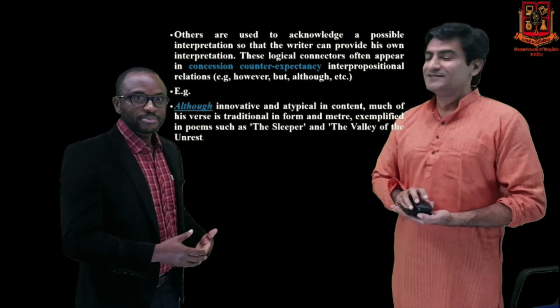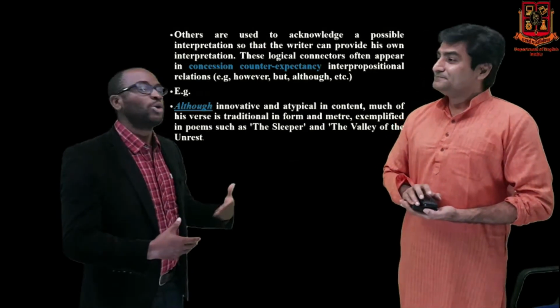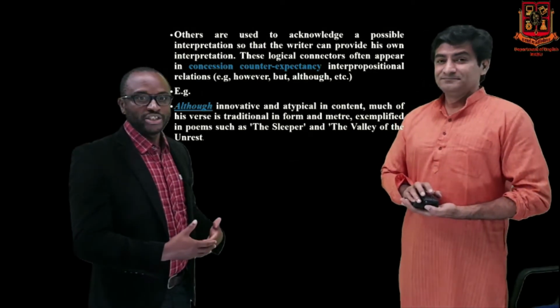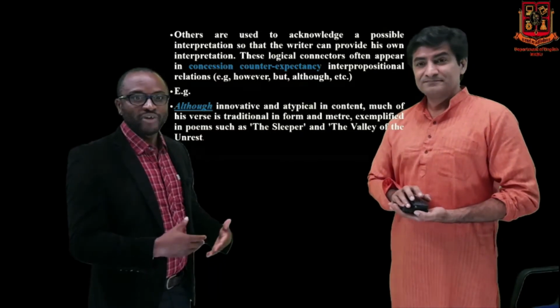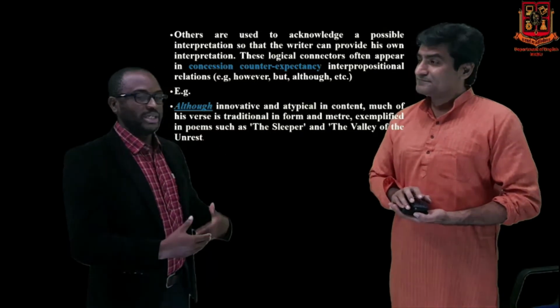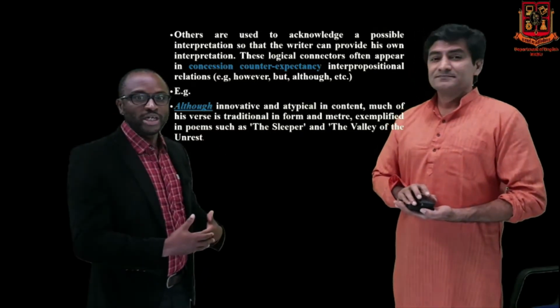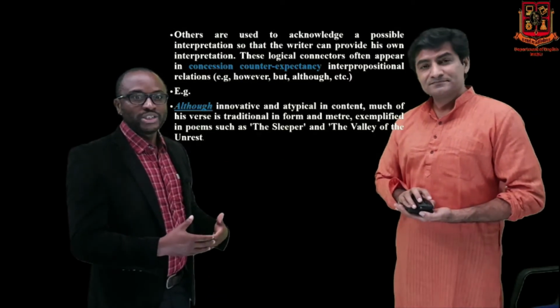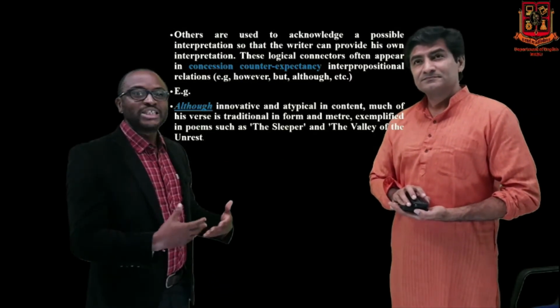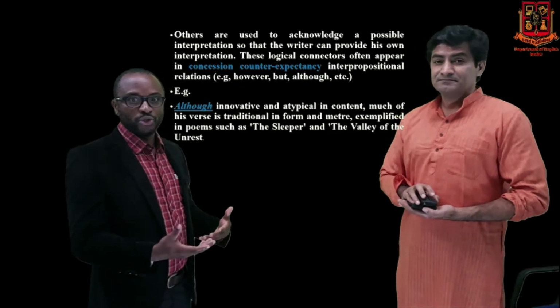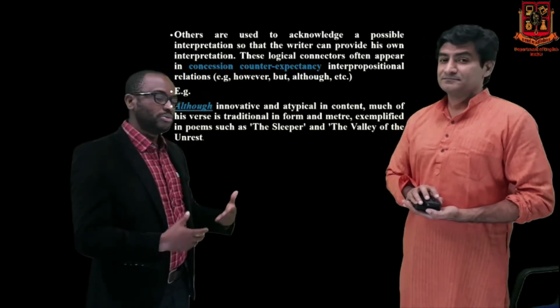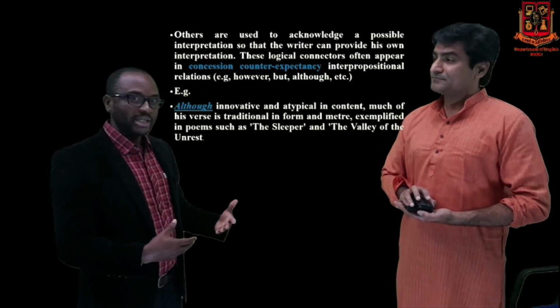Others are used to acknowledge a possible interpretation so that the writer can provide his own interpretation. These logical connectors often appear in concession, counter-expectancy, interpropositional relationships. So we use however, but, although.